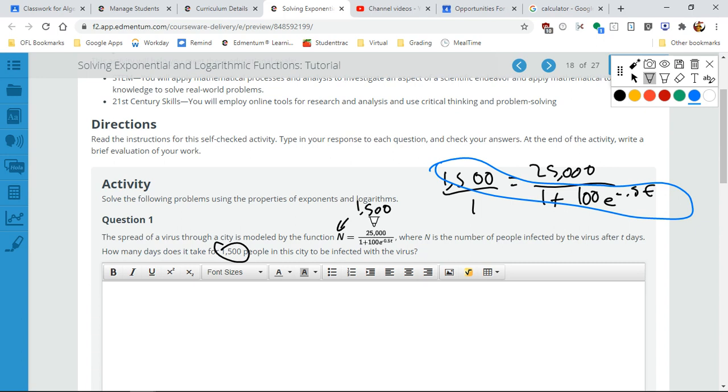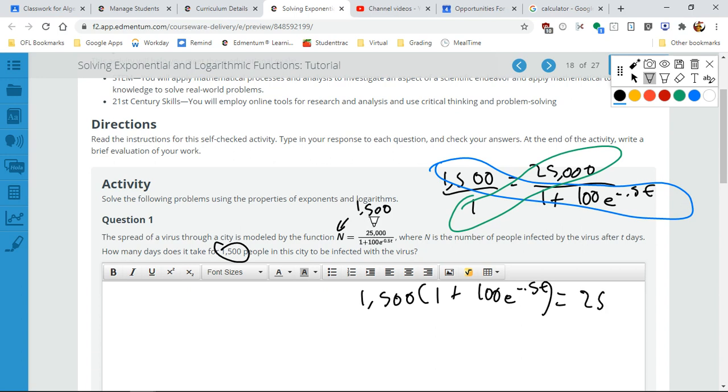This is the same thing as multiplying both sides by the denominator, but it's a good visual way for you guys to see this. So we're going to see it as 1,500 times (1 plus 100e^(-0.5t)) equals 25,000.